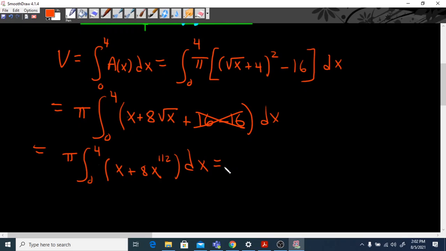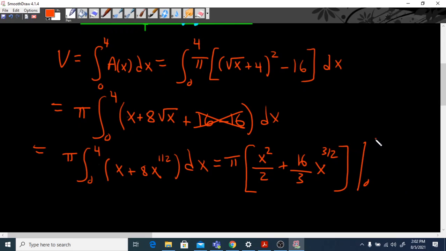Very nice. Now pi times x squared over 2 plus, and if I add 1 to this exponent, I get 3/2. Dividing by 3/2 is the same as multiplying by 2/3, so this becomes 16/3 x to the 3/2, evaluated from 0 to 4.